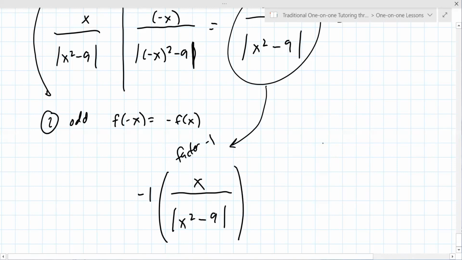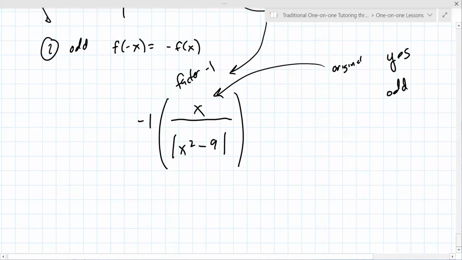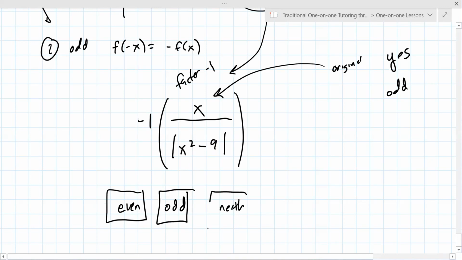And if this is the original, because the -1 is on the outside, then it is. So this in fact is odd. And it's a choice. It's either even, odd, or neither, and they're mutually exclusive. So you're one or the other.